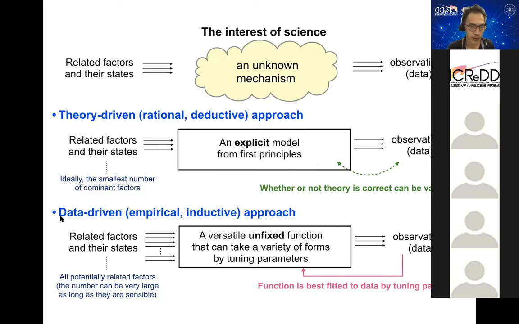But today's topic is data-driven, which is the machine learning and AI approach. Basically we give up explicitly specifying the model here. This is just a surface model, a very flexible surface model. We put a very flexible surface model here, and it fits its parameters to the data. In the theory-driven case, usually we can compare the theoretical simulation results with experimentally obtained results to determine whether or not the theory is correct, or at least somewhat relevant.